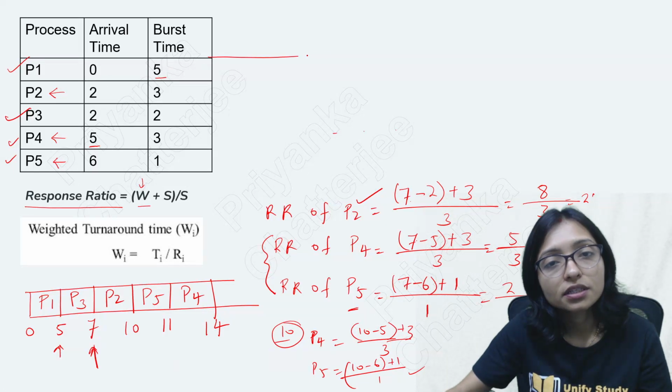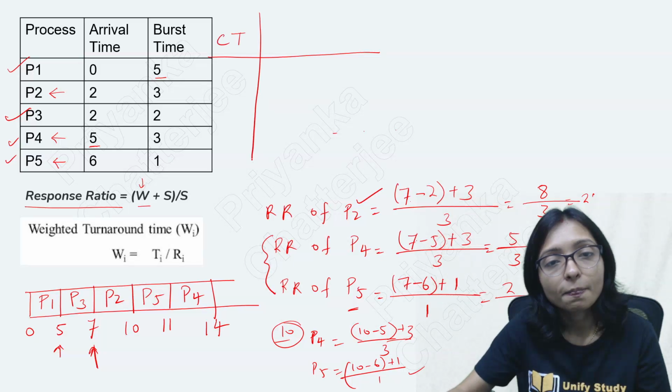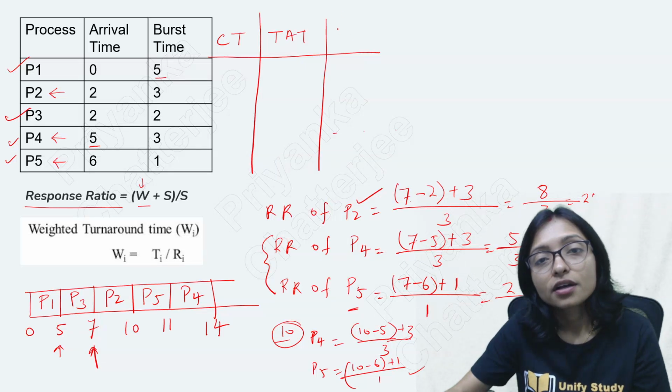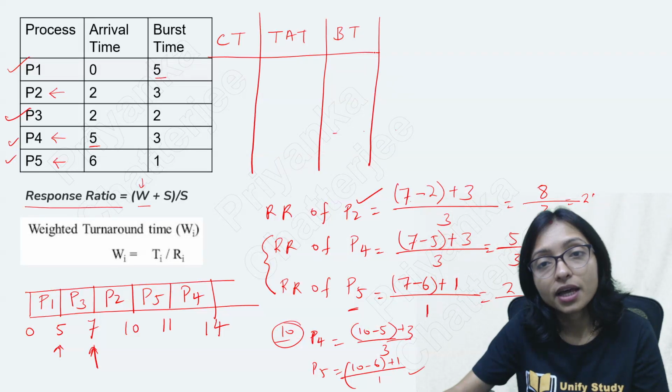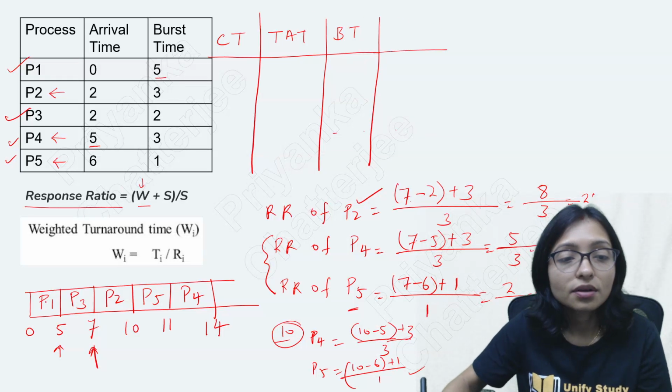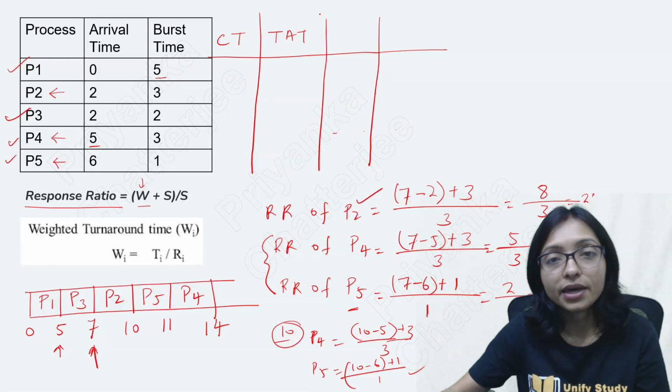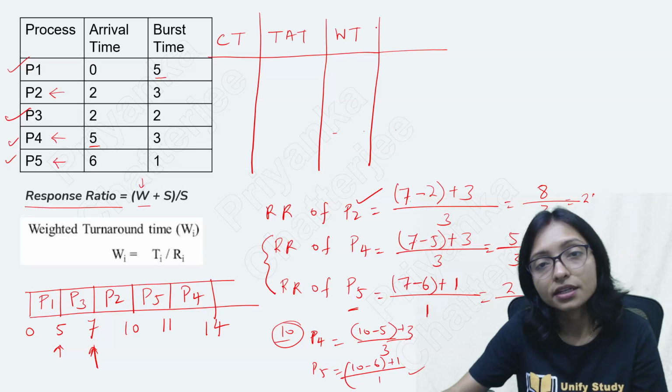So now see, here we will do completion time. Here we will do turnaround time. Here burst time, and actually we have to calculate another thing also. Here we will do waiting time. I am calculating everything so that you can understand it.